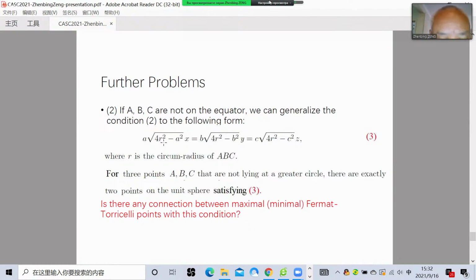We conjecture the point P that satisfies this condition is also a kind of Fermat-Torricelli point. This is also not solved because the polynomials were too complicated when we used Maple to do the computation.